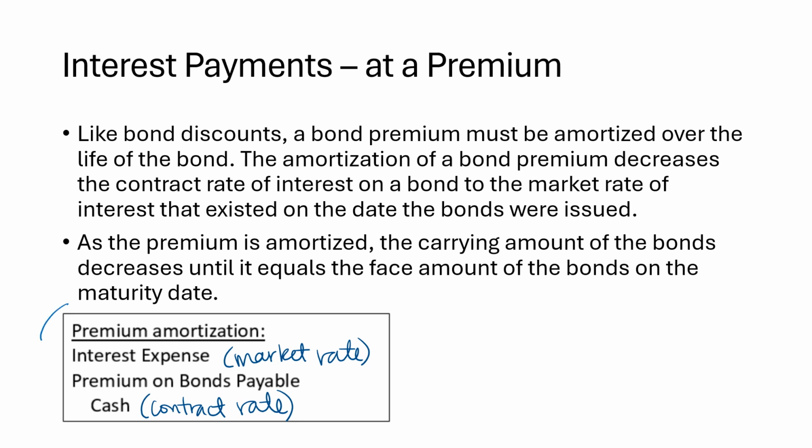So you can see this will be our journal entry when we record the interest payments to the bondholders. The interest expense, which remember is not just the cash that is paid to the investor, will be adjusted based on that premium amortization.